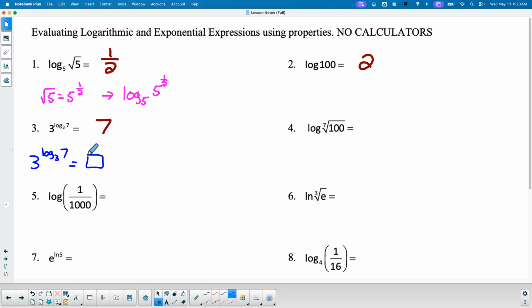So if I put it into logarithmic form, my base is 3, my argument is the box, and my exponent is log base 3 of 7. So if those two are equal, the only thing that can go in the box is 7.